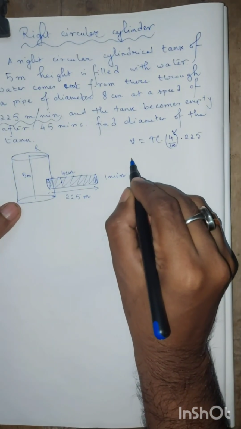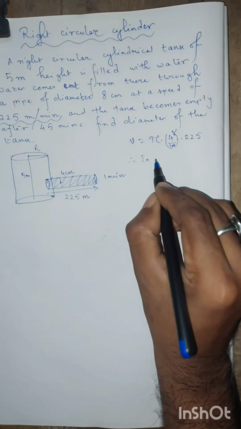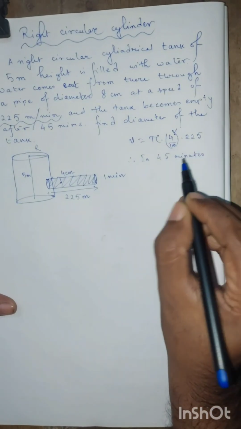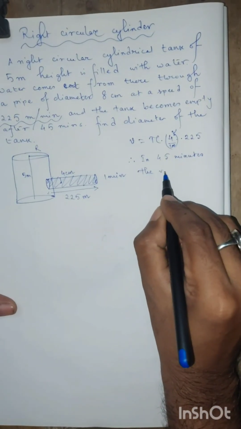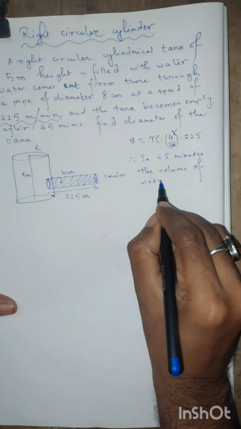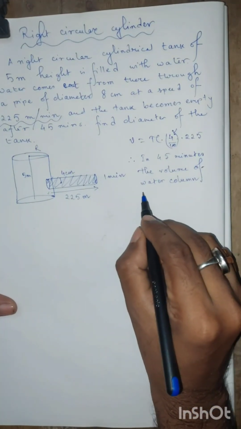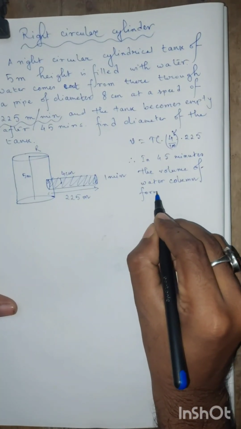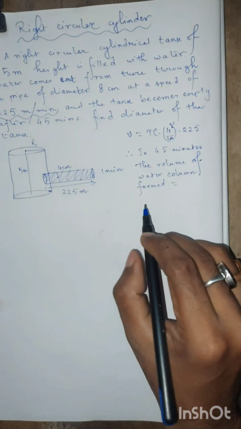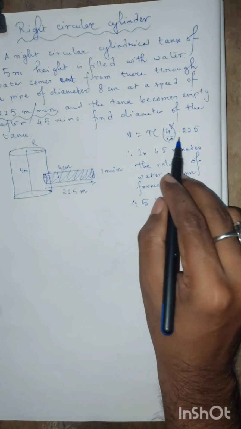Therefore, in 45 minutes, the volume of water column formed should be equal to 45 into this quantity.